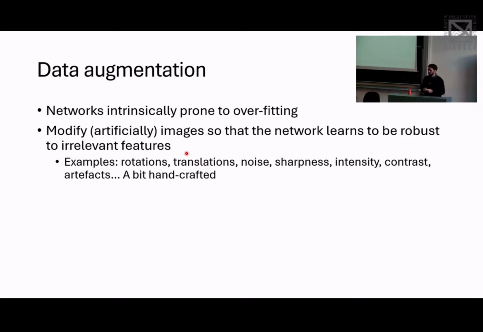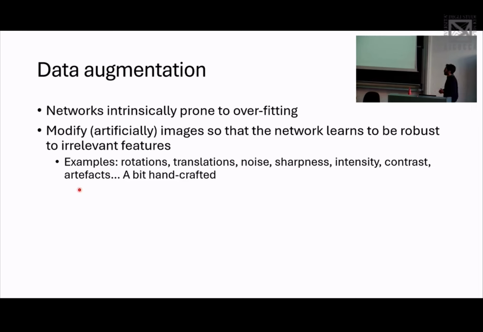Realistic levels of noise are irrelevant. Changes in sharpness, intensity, and contrast can depend on the acquisition camera, depending on your modality, so they should not be learned. Some modality-specific artifacts, maybe also. And that can be a bit handcrafted.